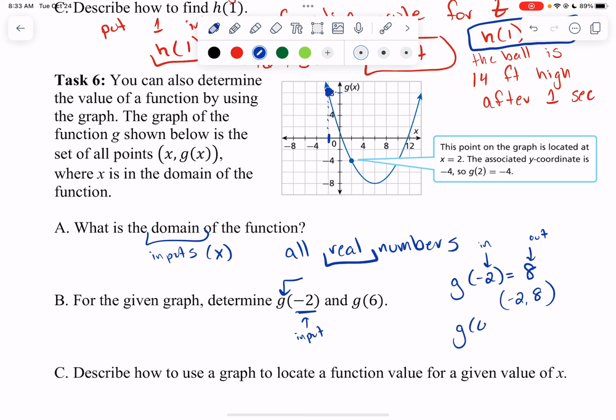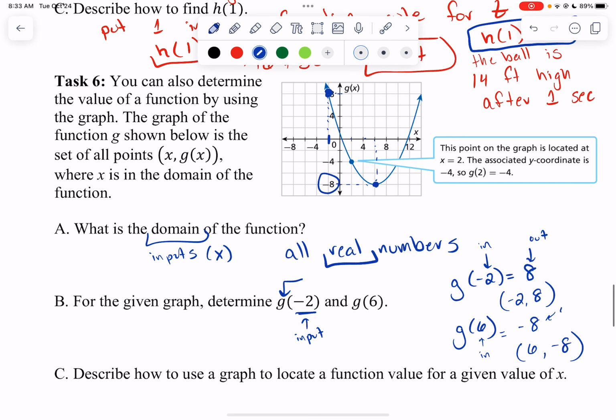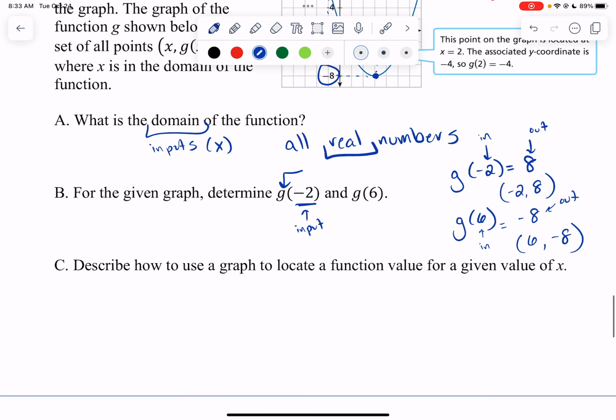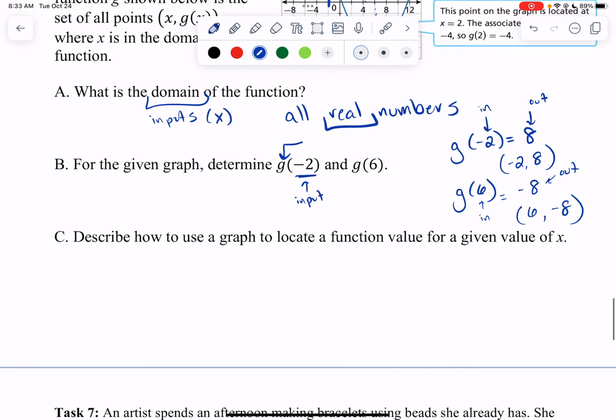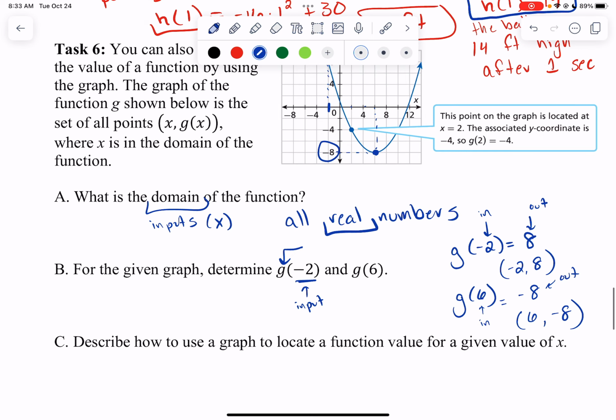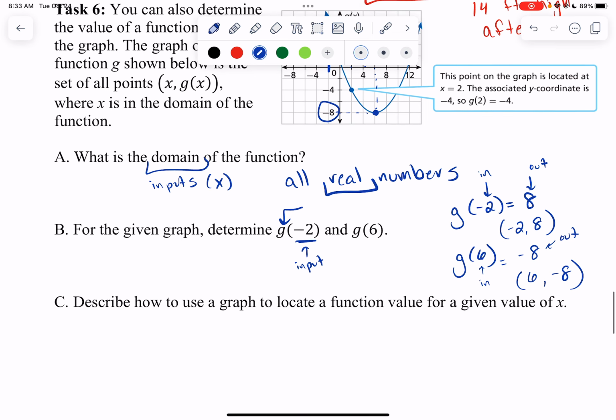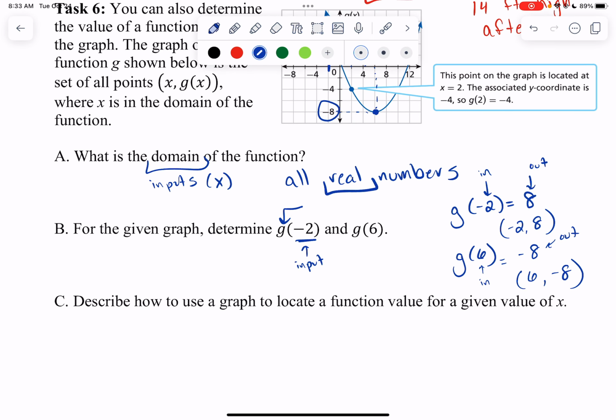So what's g of 6? Again, when I put in a 6, counting 2, 4, 6, I get out a negative 8. So that tells me I would have the ordered pair 6, negative 8: input of 6, output of negative 8. Describe how to use a graph to locate a function value for the given value of x. We find that x, right?